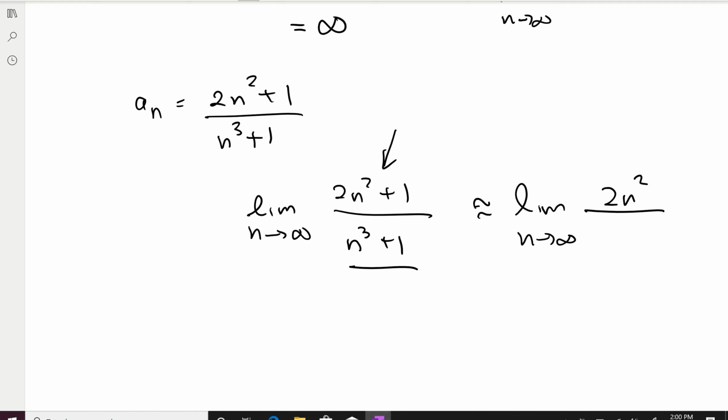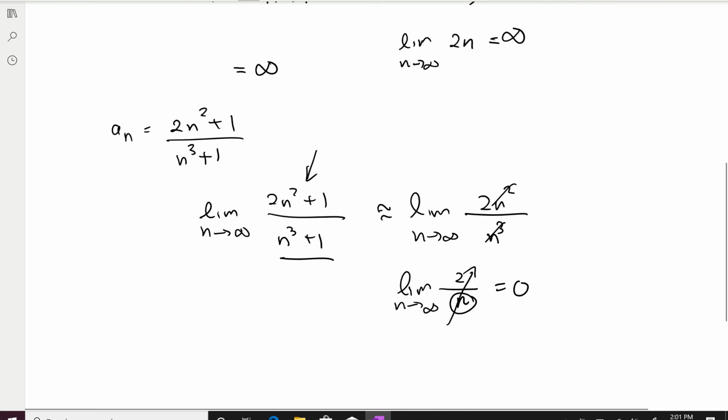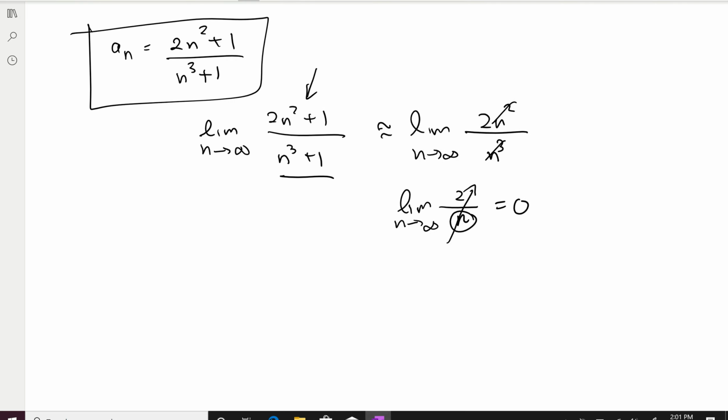In the denominator, it's n cubed. Think individually. Now n squared and n cubed cancel out. What do we get? We get 2 over n. Now when n goes to infinity, the denominator gets large, but 2 over n overall gets small and goes to 0. So the limit is 0 of the sequence when n goes to infinity. So this third sequence is convergent, right? Because 0 is a finite real number.